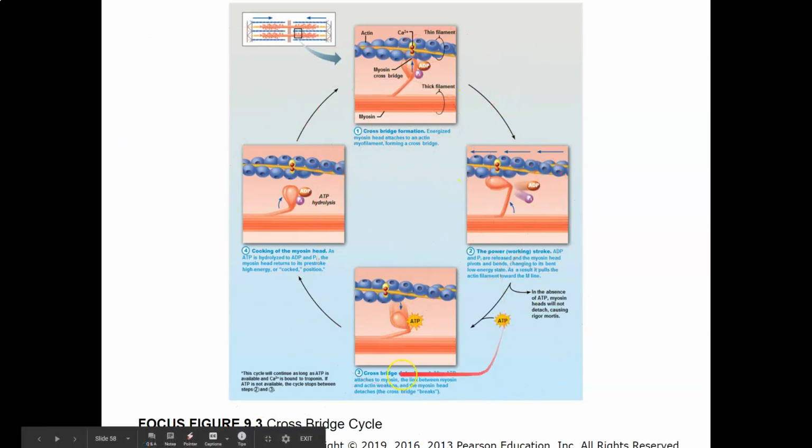Over and over again, this happens until we pull the calcium back out of the cytosol using pumps on the sarcoplasmic reticulum, troponin moves tropomyosin back into the way, and the head group is no longer able to attach to the actin.